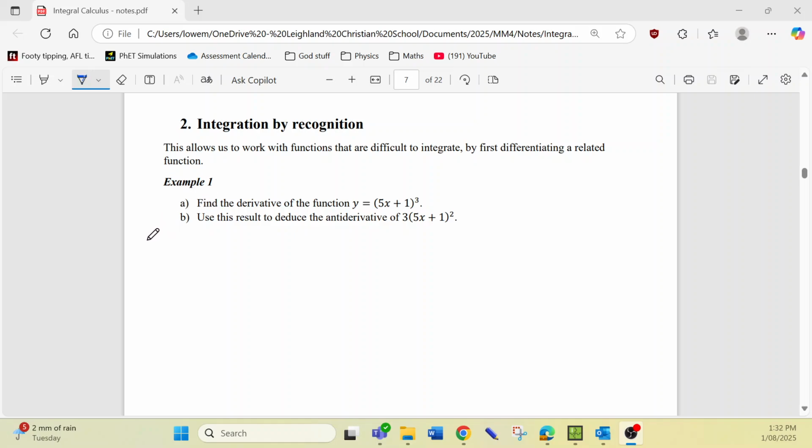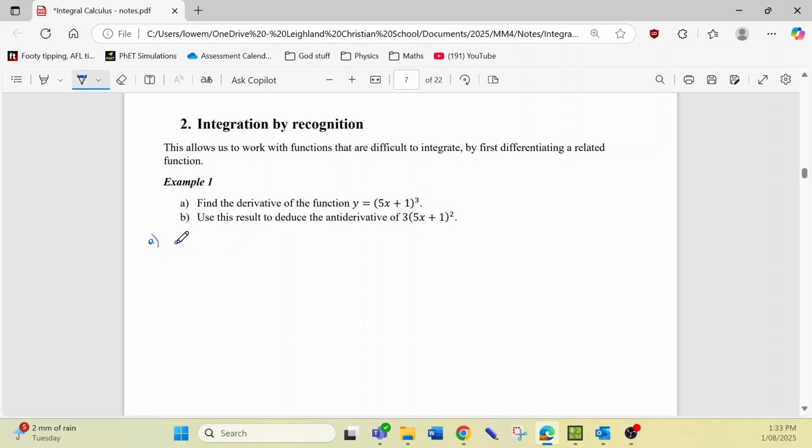Okay, so looking at this first one here, we are finding the derivative of the function (5x + 1)^3. So to differentiate that, we're using the chain rule, and so we would multiply the derivative of the inner part by the derivative of the outer part.